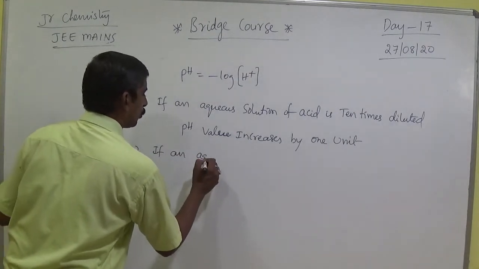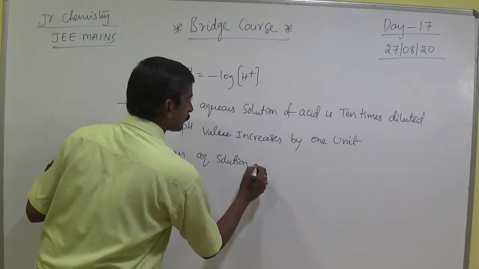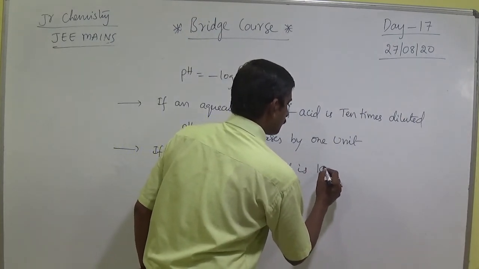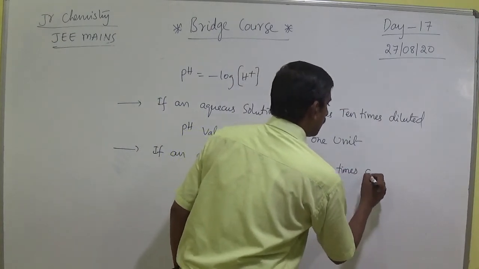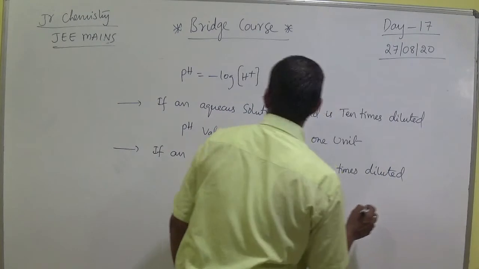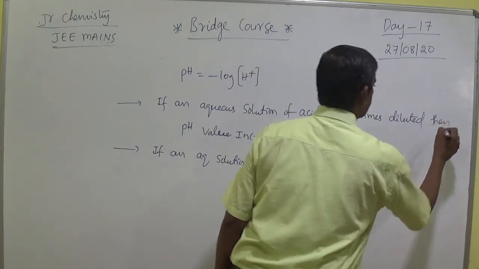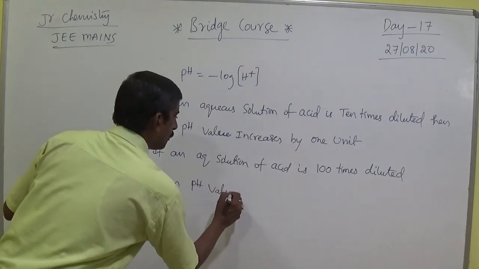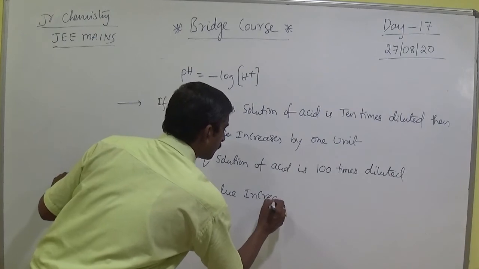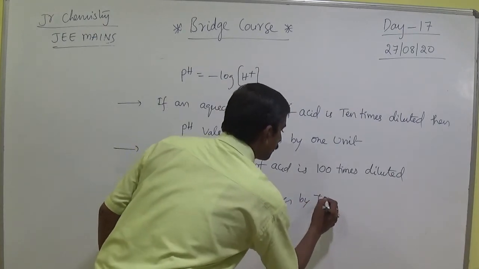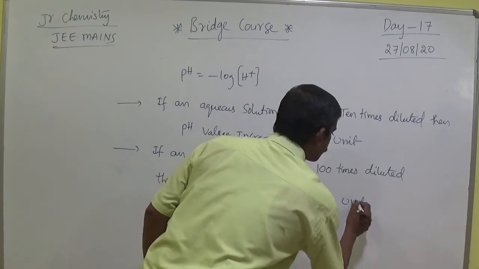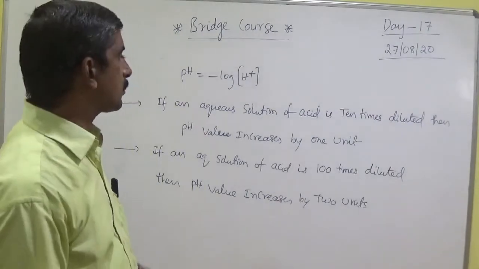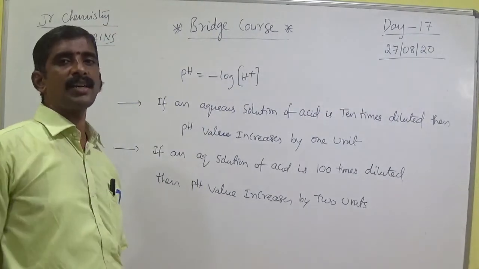After that, if an aqueous solution of acid is 100 times diluted, then pH value increases by 2 units, because log 100 value is 2 and log 10 value is 1. pH is inversely related to the concentration of H plus ions.